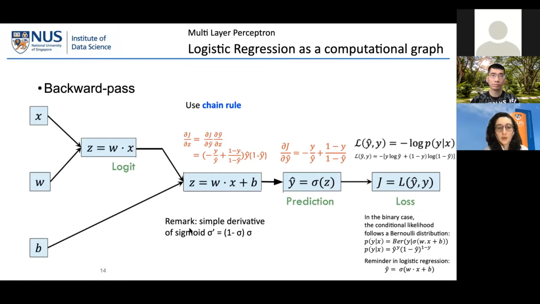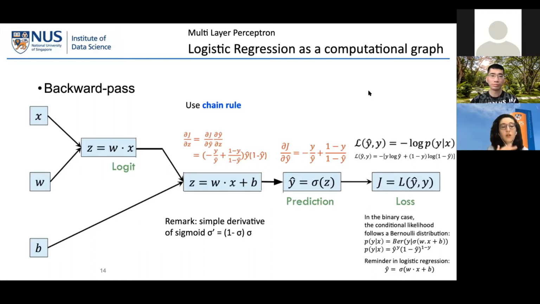And here we use the advantage that the sigmoid has a very simple derivative. So we can easily compute this derivative. And doing backwards like this, you'll be able to calculate gradients and then update your weights.